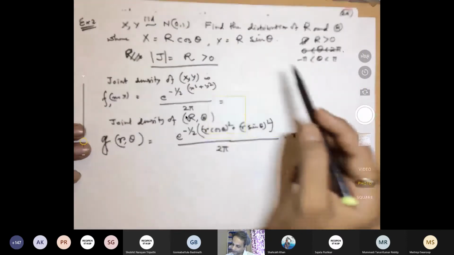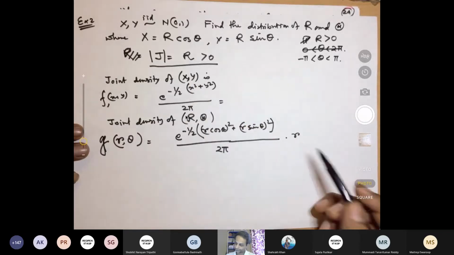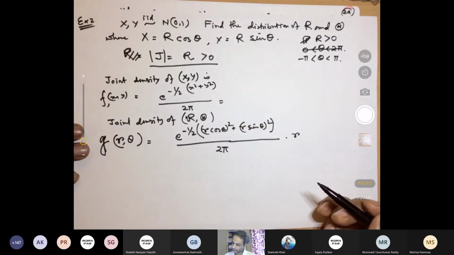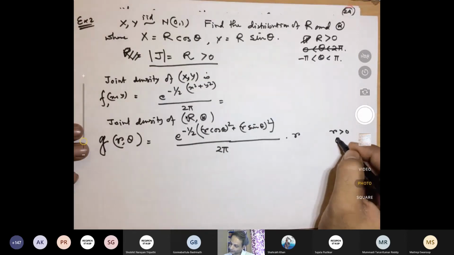I am just using small r as notation for capital R. Here r is greater than 0, theta from minus pi to plus pi.